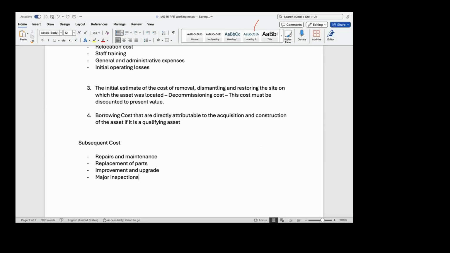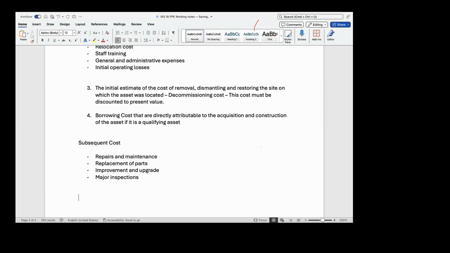But these are costs subsequent to acquisition. The major thing you need to figure out is this: all these costs you incur after the asset is ready, are you supposed to capitalize them or expense them? When I say capitalize, I mean, are you supposed to add them to the cost of the asset, or are you supposed to expense it by putting it to P&L?